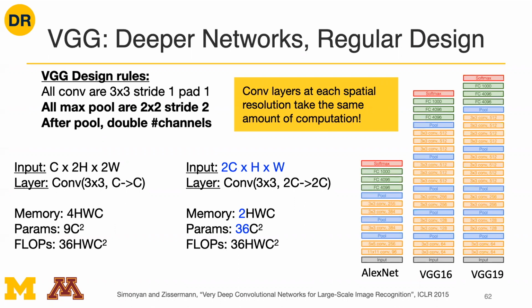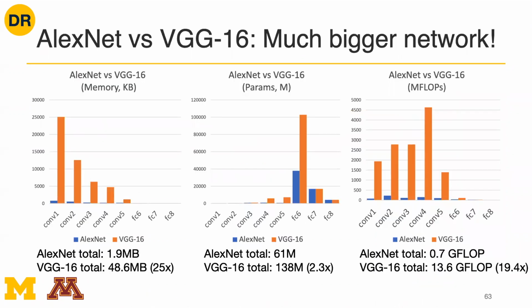So to compare the memory, params and mflops between AlexNet and VGG, VGG is actually huge in terms of the number of parameters as well as the memory and also the computation. So you can hardly see the bars on the AlexNet, right?